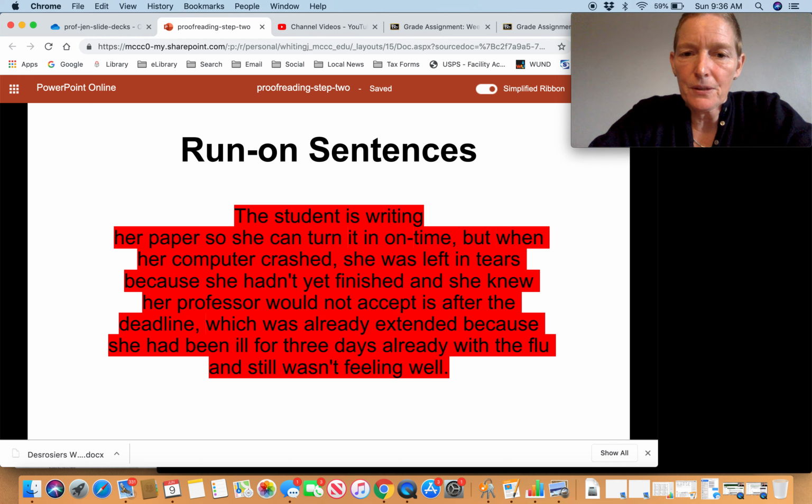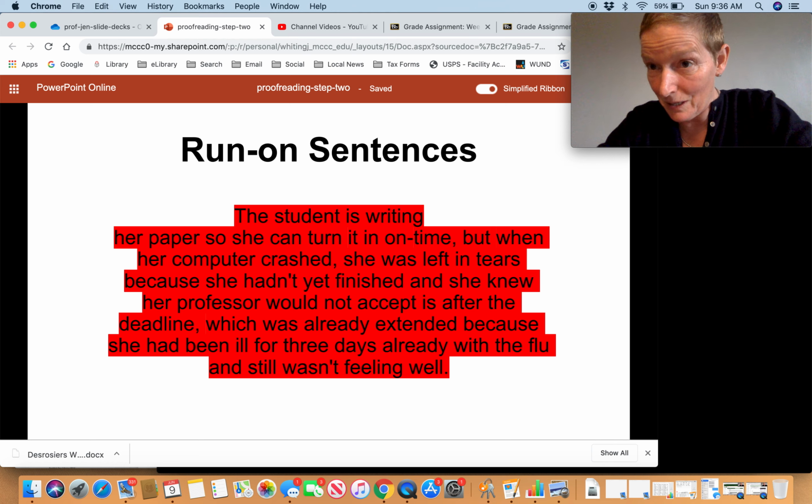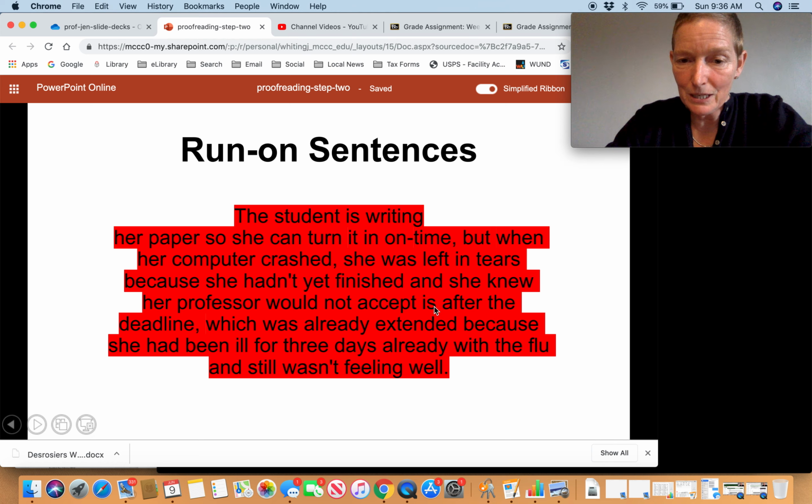Let me read you this sentence. The student is writing her paper so she can turn it in on time. But when her computer crashed, she was left in tears because she hadn't yet finished, and she knew her professor would not accept it. Well, she has a typo there. After the deadline, which was already extended because she had been ill for 3 days already with the flu and still wasn't feeling well. First of all, you've got a typo right here.